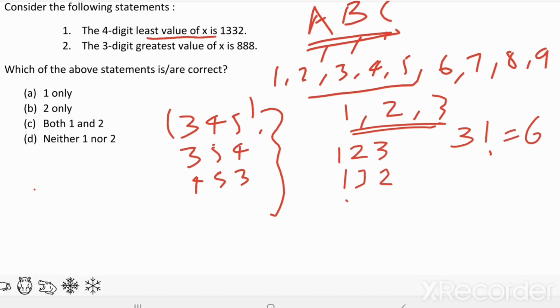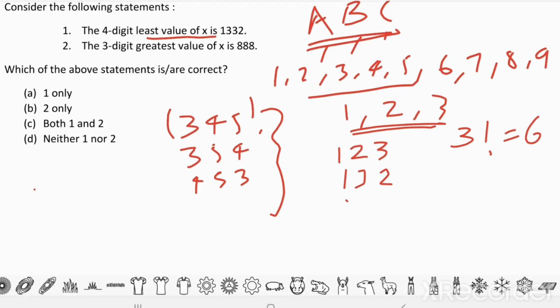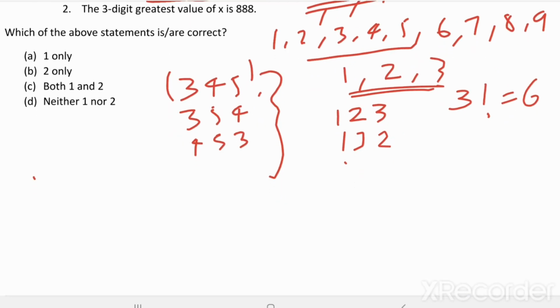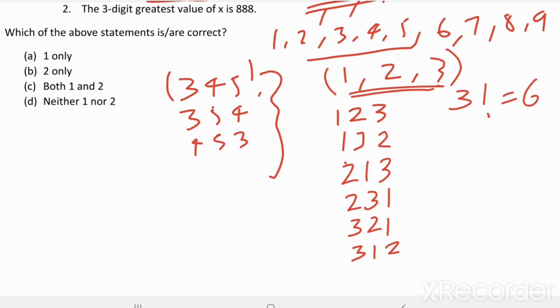So let us write down all those 6 arrangements and sum them to get the value of X. 1, 3, 2. Then 2, 1, 3. 2, 3, 1. Then 3, 2, 1. 3, 1, 2. So these are the 6 numbers possible by these 3 digits.